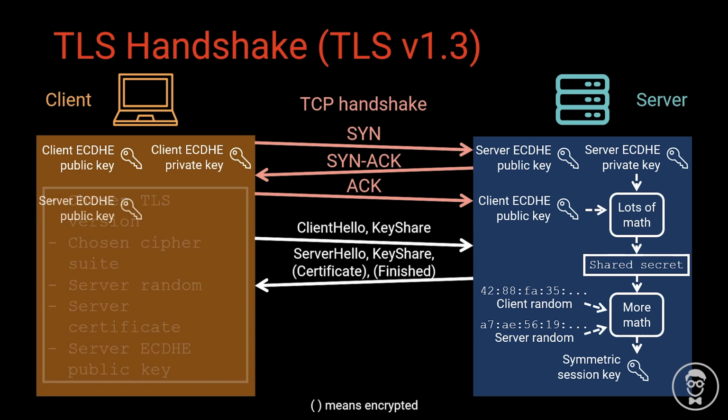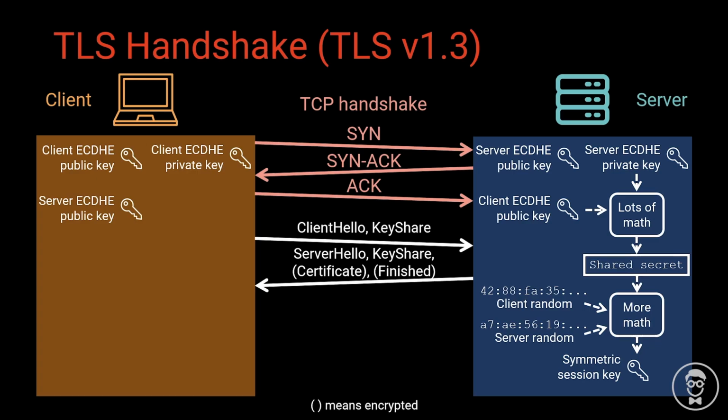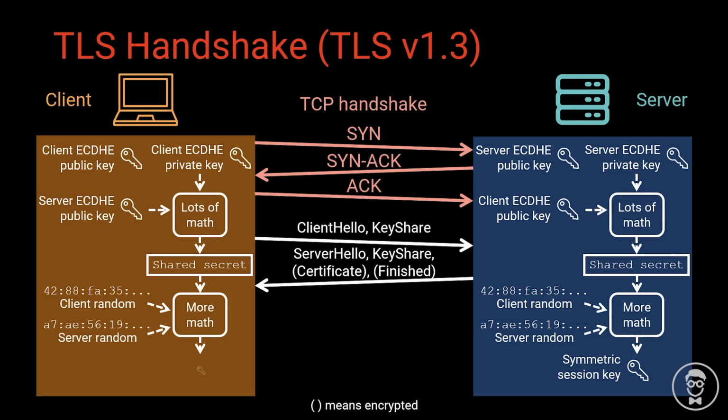The client repeats this process using its private key and the newly received server public key to generate a shared secret. It combines this shared secret with the client random and server random to arrive at the same symmetric session key. This is the magic behind ECDHE.